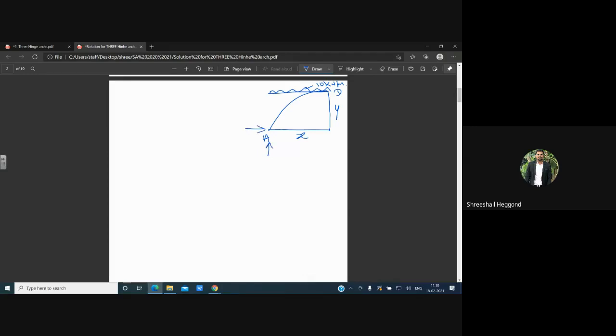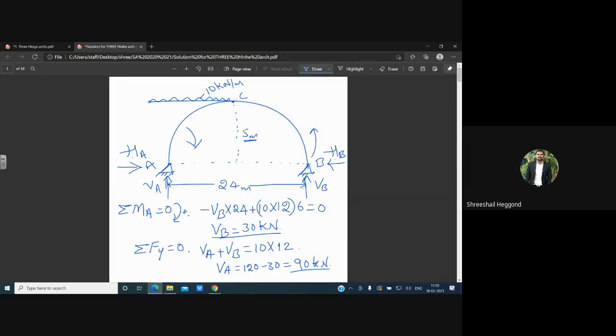Okay, loading condition is known. You need to find out the moment at somewhere in between, the XX section. You need to consider it from the original diagram. If I go to the original diagram, somewhere here I'll consider the XX section. At this point, I need to calculate the moment. I don't know where exactly the distances are measured for this XX section, so that has to be calculated and then we need to find out the values.